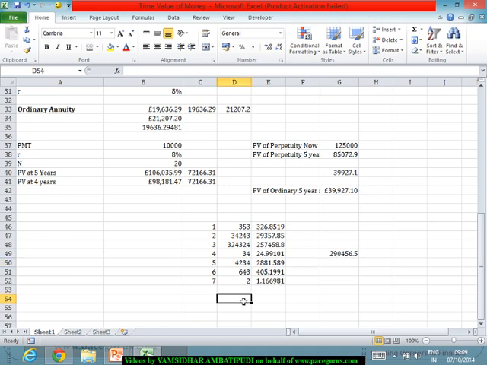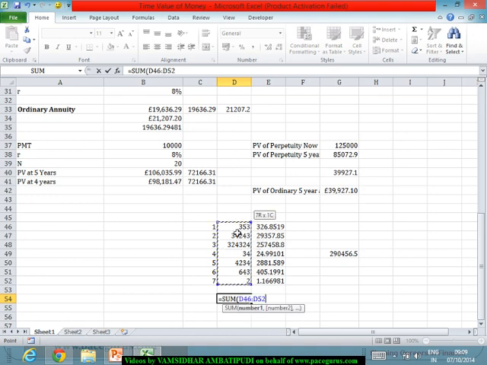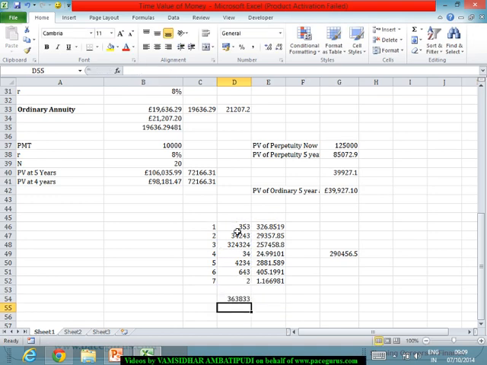So if I look at in reality how much cash I am receiving over a 7-year period, I am receiving some 363,000, but when I am discounting that to the present value at the rate of 8%, it is worth only 290,000. So whenever the cash flows are uneven, the best advice is compute the present value of each of them separately and finally add up the total.